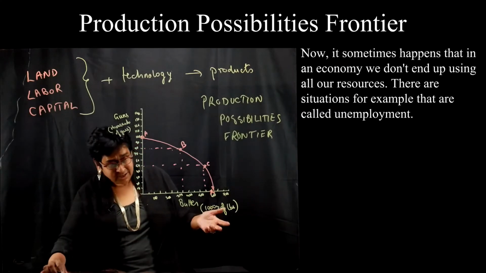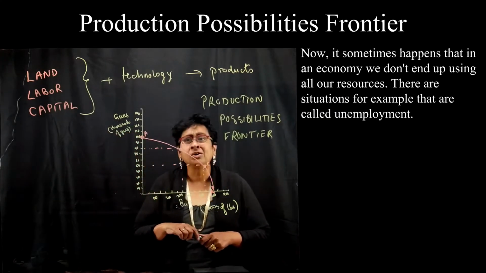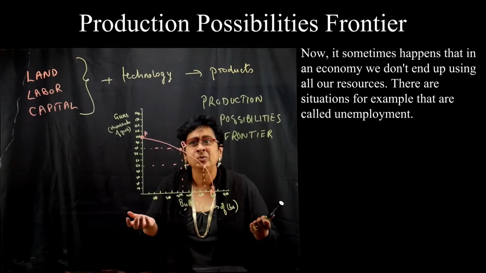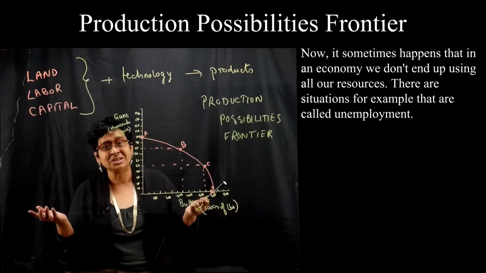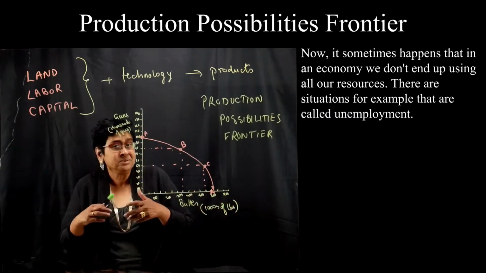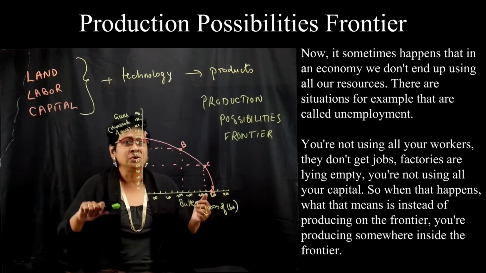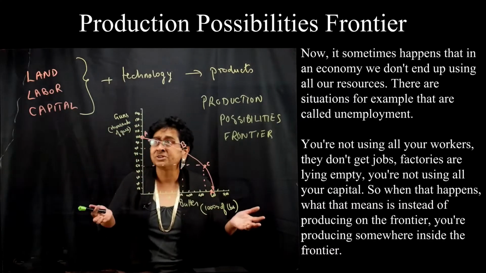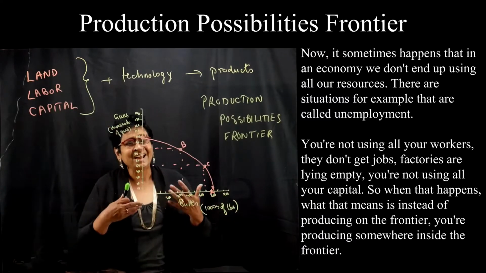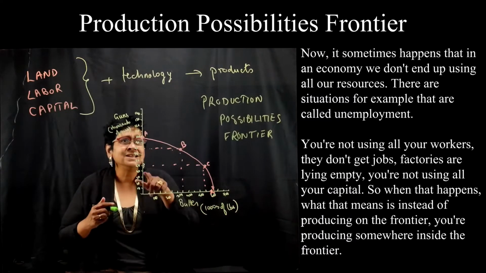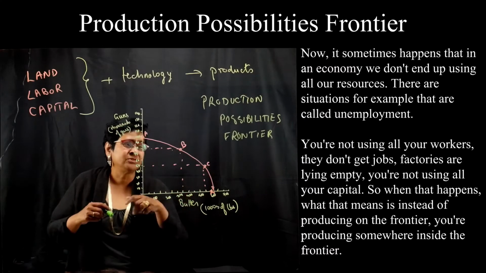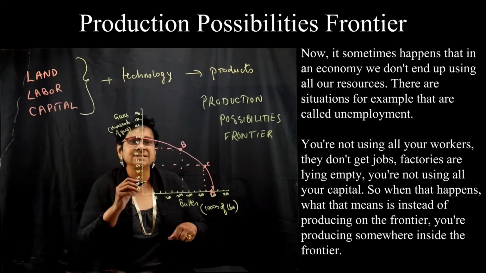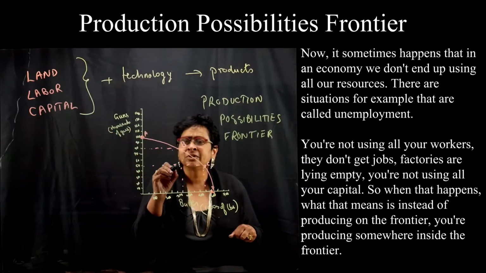Now, it sometimes happens that in an economy, we don't end up using all our resources. There are situations, for example, which are called unemployment. You're not using all your workers, they don't get jobs, factories are lying empty, you're not using all your capital. So when that happens, instead of producing on the frontier, you're producing somewhere inside the frontier.